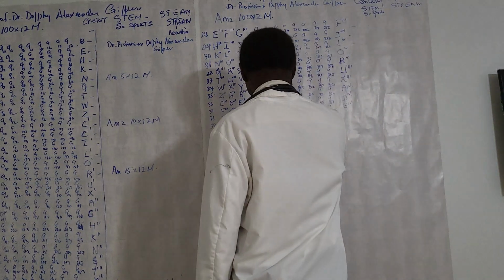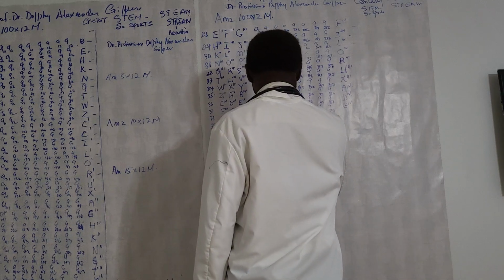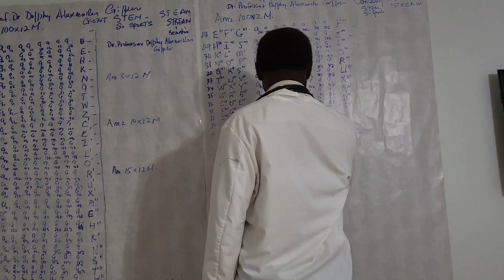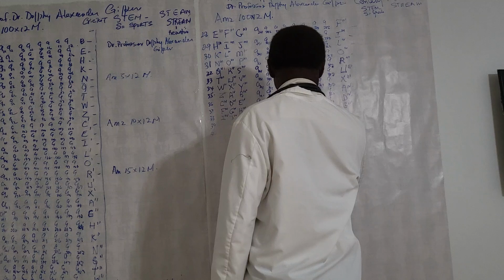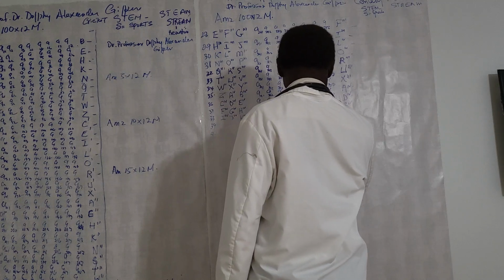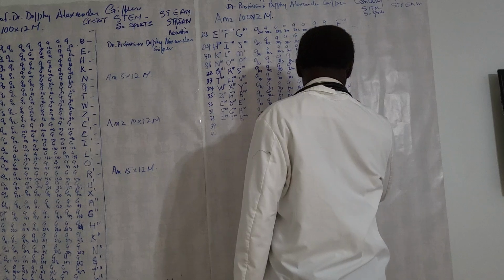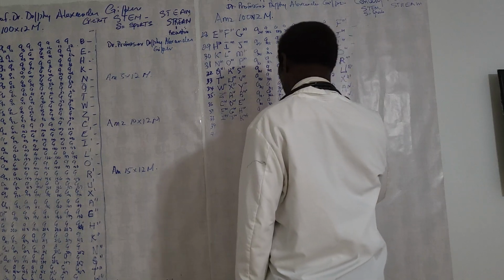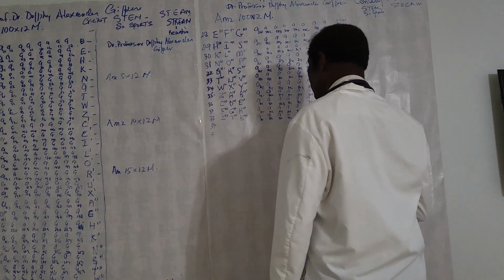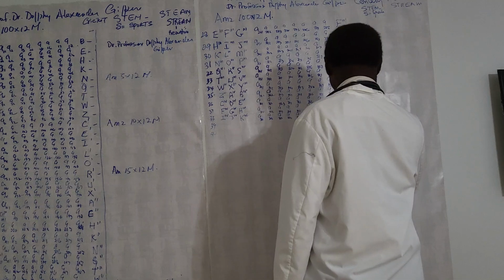So we have now A 38 1, A 38 2, A 38 3, A 38 4, A 38 5, A 38 6, A 38 7, A 38 8, and we have now J IV.